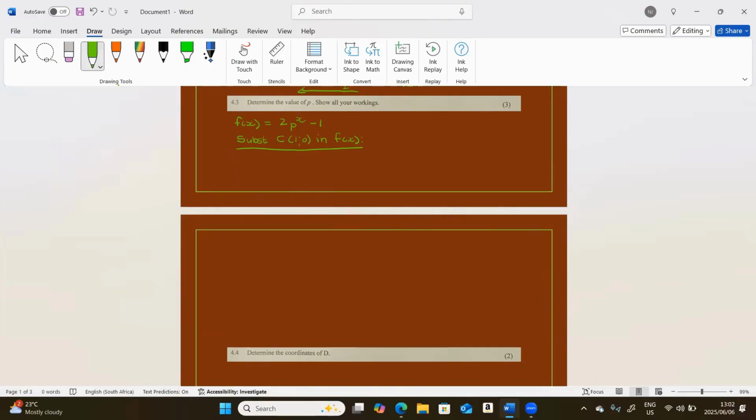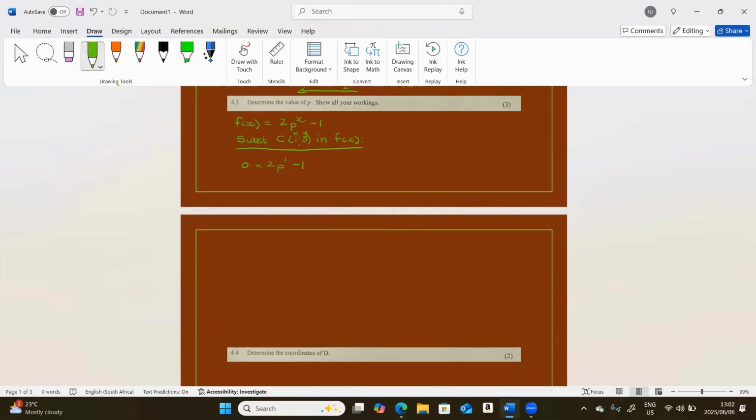So we are going to replace y with 0. So we are going to say 0 equals 2p, and then we can replace the x with 1, 2p to the power of 1 minus 1. So can you see how simple this looks now? Because we replaced the y value and the x value with the coordinates, and then we know that p to the power of 1 is just p, and then we can take over this 1 to the left-hand side.